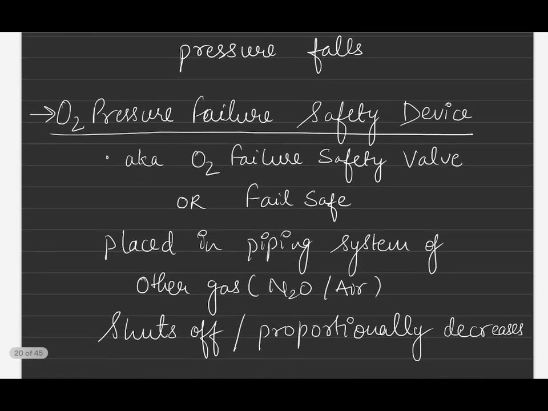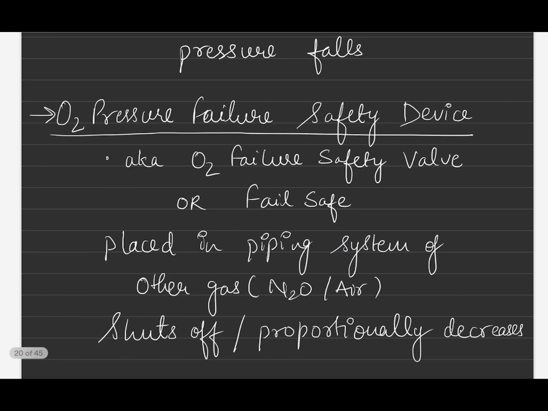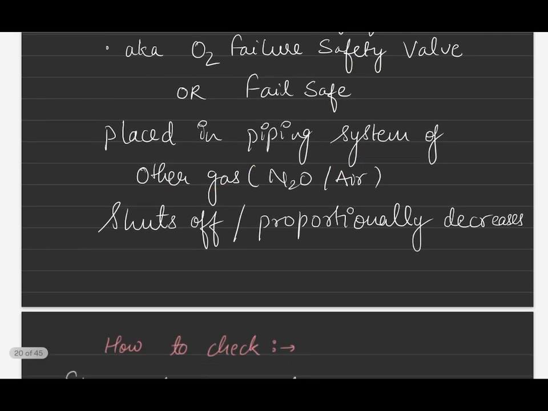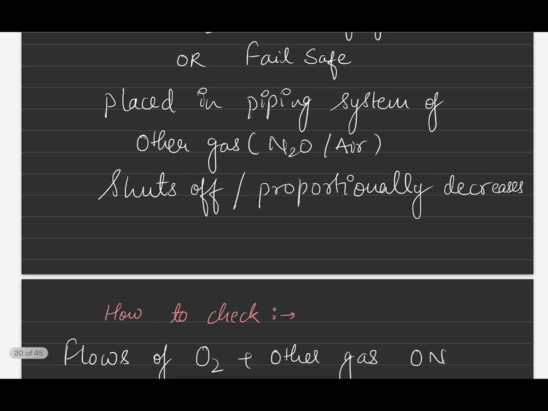So, oxygen pressure failure devices are also known as oxygen failure safety valve or fail-safe devices. They are placed in the piping system of other gases. Other gases include nitrous oxide and air. They shut off the other gases, and the other thing is they can proportionately decrease the flow of other gases.